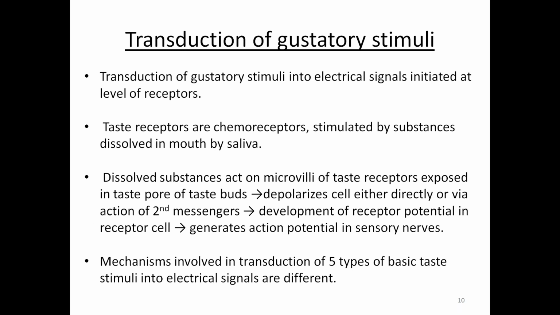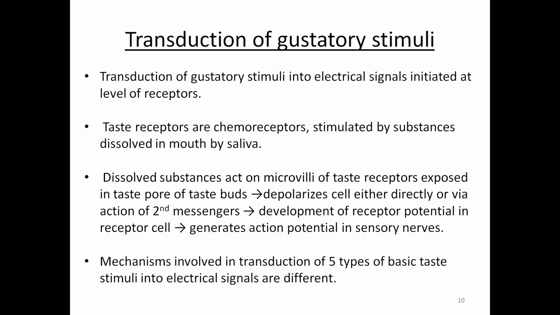Now about the transduction of gustatory stimuli. Transduction of gustatory stimuli into electrical signals is initiated at the level of receptors. The taste receptors are basically chemoreceptors stimulated by substances dissolved in the mouth by saliva.